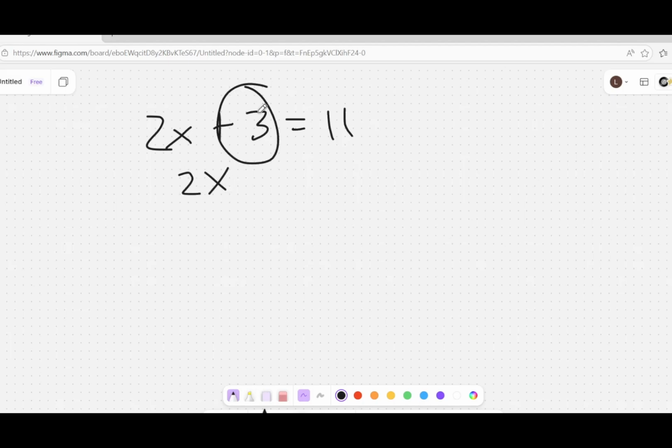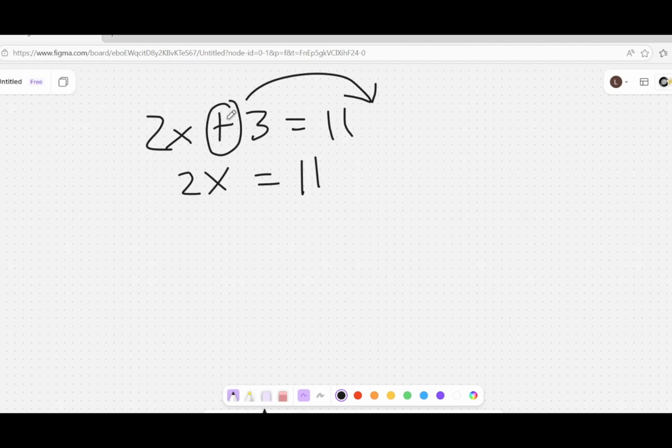In order for us to get rid of this 3, we need to transpose it to the other side. If we transpose it to the right side, let's copy this 11. What we'll be doing is changing the sign. When transposing a number, the sign will change to its opposite counterpart.